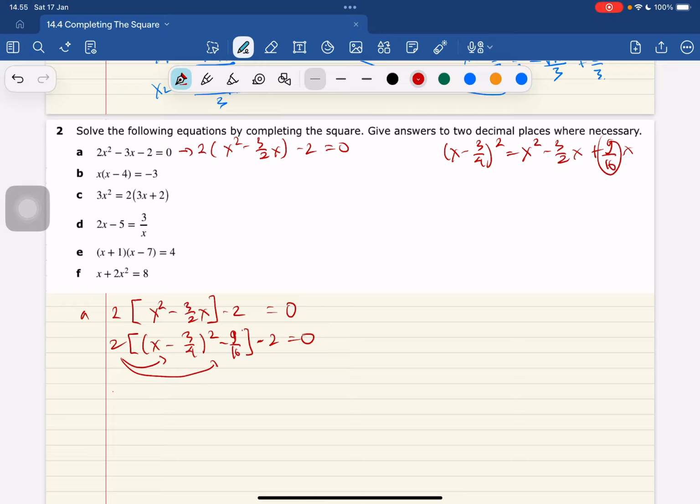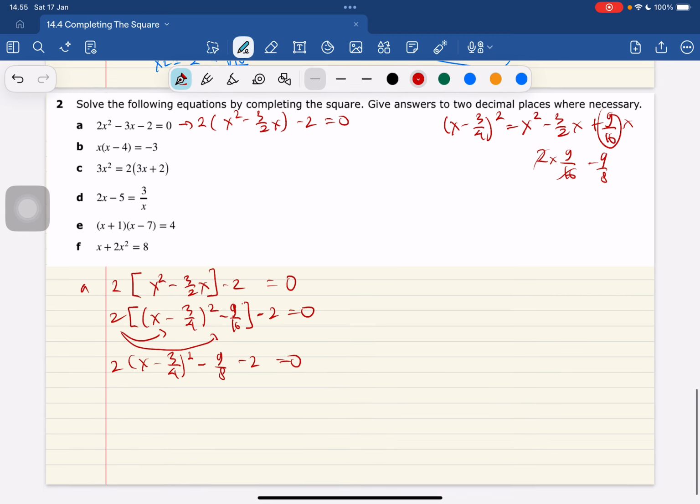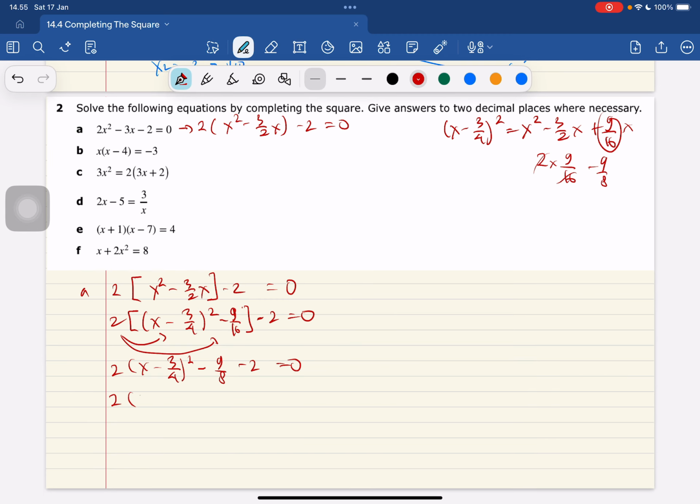So we got 2 times bracket x minus 3 over 4 squared. We minus 2 times 9 over 16, so it's going to be 9 over 8. And we minus 2 equal to 0. To continue, 2 times x minus 3 over 4 squared minus 9 over 8.